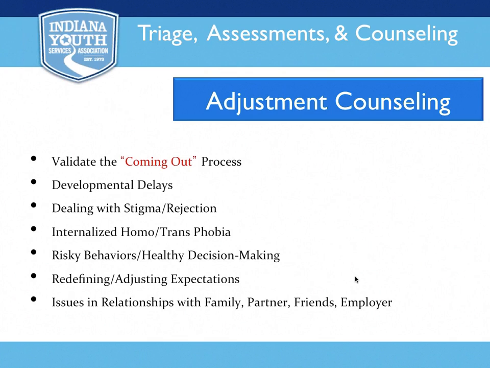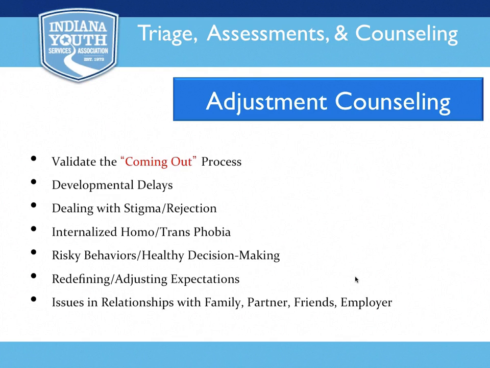So adjustment counseling is about helping that young person adapt to their environment and relationships in the most successful way possible. That's really no different than the goal of counseling in general: identifying an issue and the obstacles that get in the way of successful living, and then helping find healthy ways to cope with those.